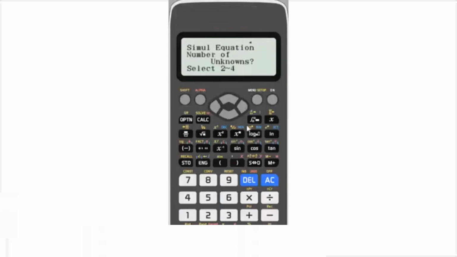I'll press 1. It is asking me the number of unknowns of simultaneous equations. I press 2. Let's say it is 2x plus 3y is equals to 7, minus 5x plus 2y is equals to -8.